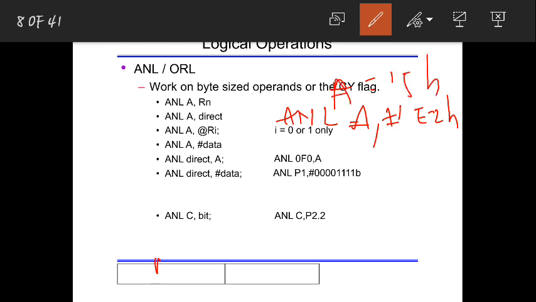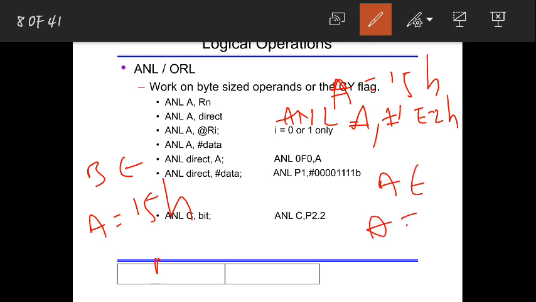So I'll write here before execution and after execution. Before execution, A was equal to 15H. And after execution, A will be equal to 00H, because whatever the result was, that will be stored in the accumulator in this way.